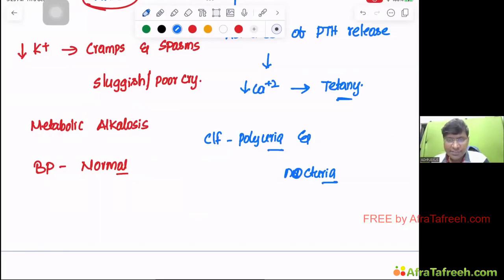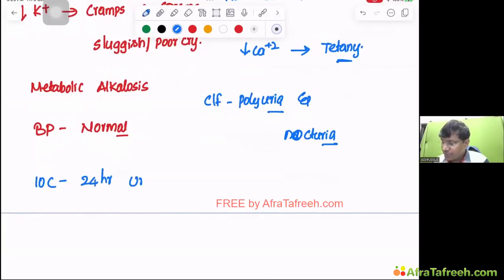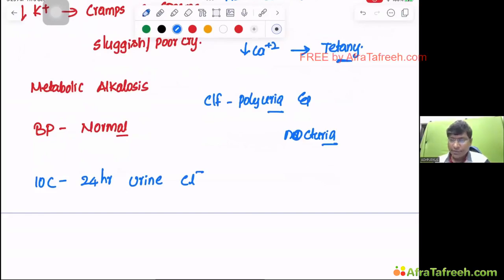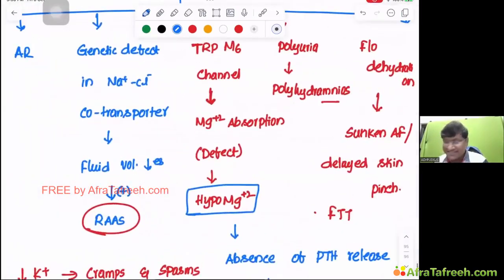In Gitelman syndrome, one more important point: what is the investigation of choice? The investigation of choice is 24-hour urinary chloride. What will happen to the 24-hour urinary chloride levels? Increased. Why?